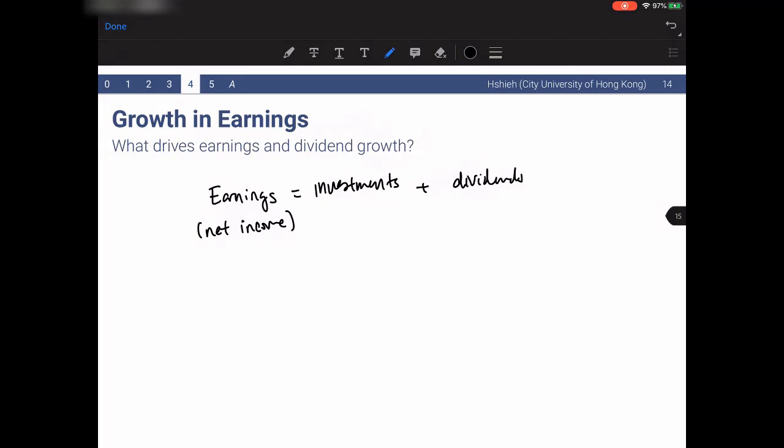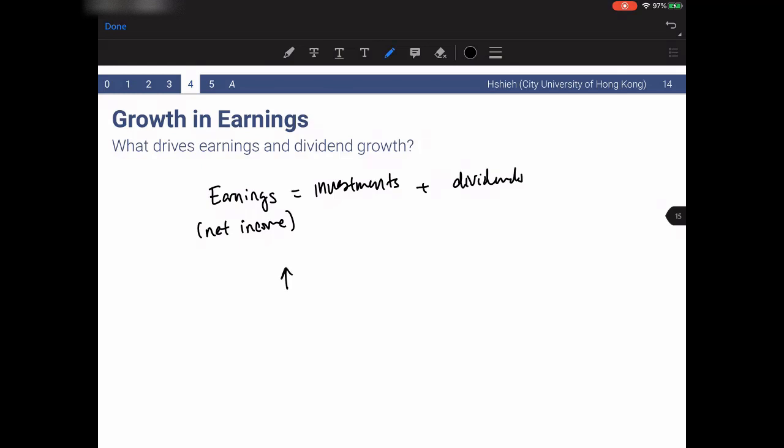So the conclusion here is that given this definition, if we don't make any more investments in the firm, then the firm either stays the same and nothing happens, right? But if you want the firm to grow, then the only way to manipulate the earnings growth of the firm is through investments.